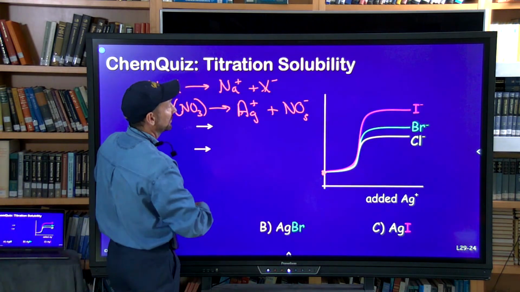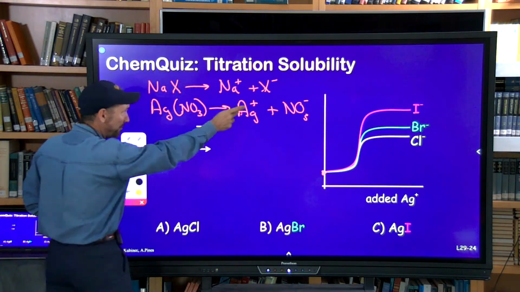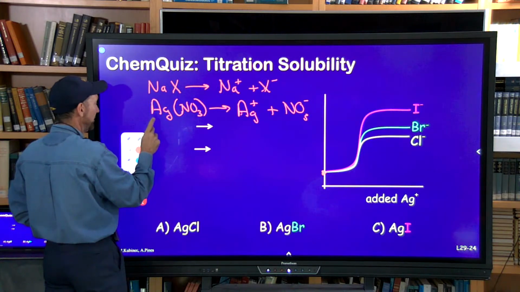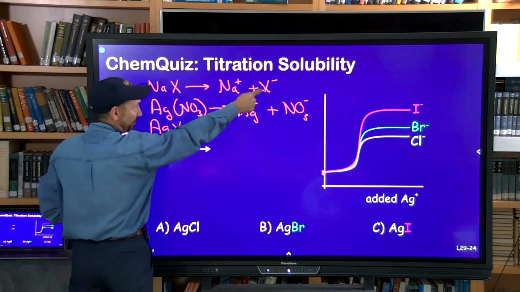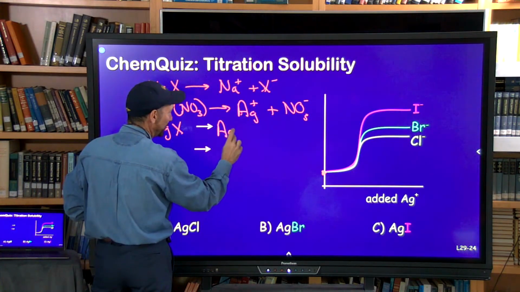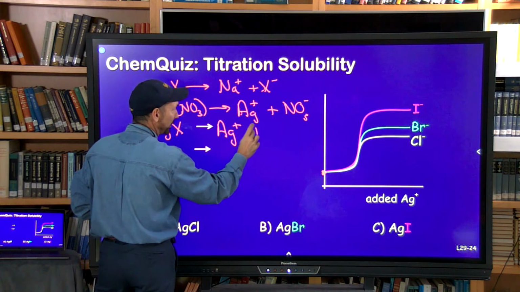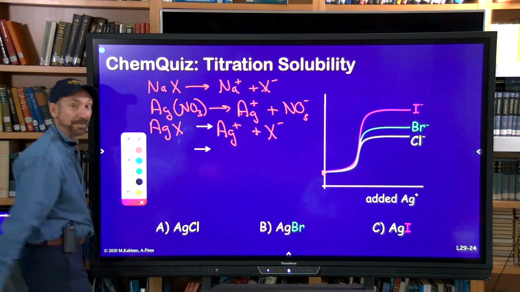Sodium and nitrate won't react; that's also super soluble. So it's silver and X, but I could write AgX, whether it's chlorine, bromine, or iodine, goes to Ag plus X minus. This equilibrium has to hold now too.